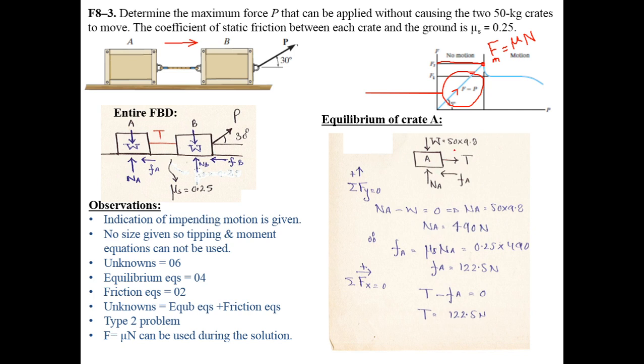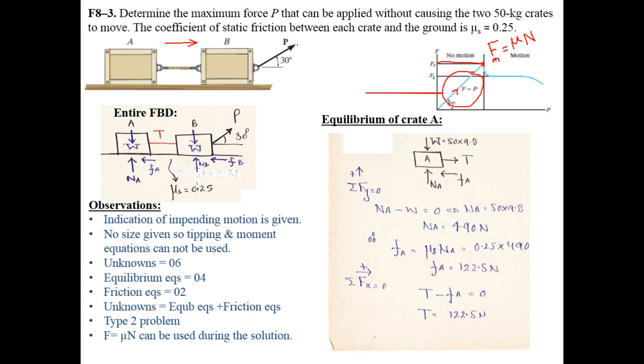The weight of crate A is 50 kilogram into 9.8. This cable will support a tensile force, so it is tension acting away from the box A. The normal reaction will act upward, and since the direction of impending motion is in the positive x direction, the direction of friction force will be in the negative x direction. Now we apply summation Fy to directly get the result for Na, which is 490 newtons.